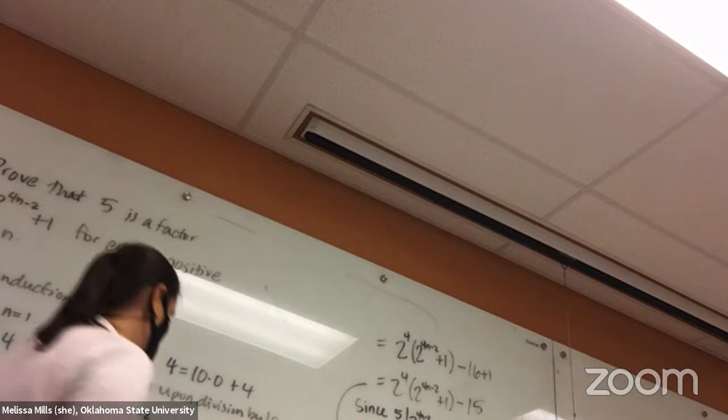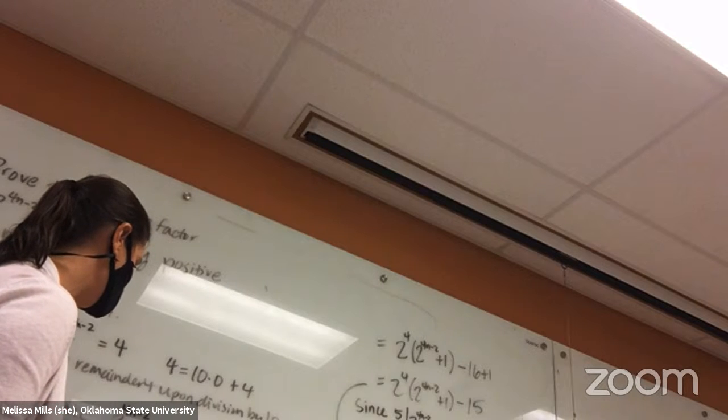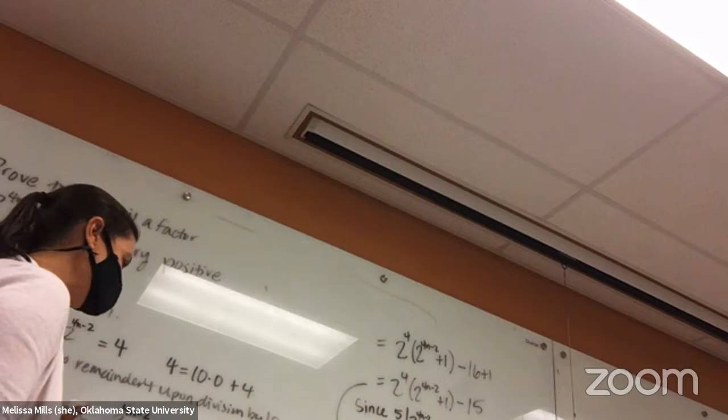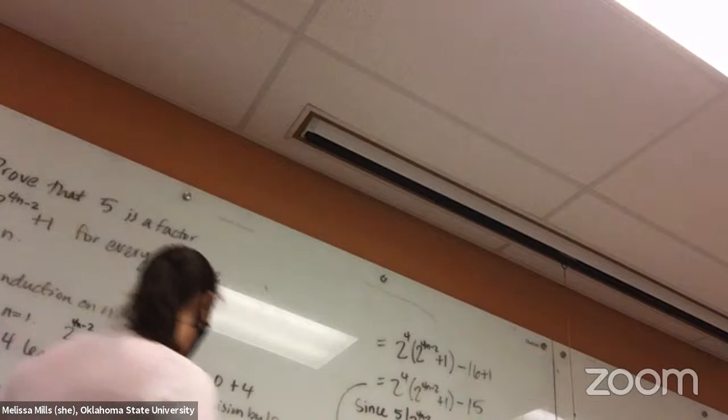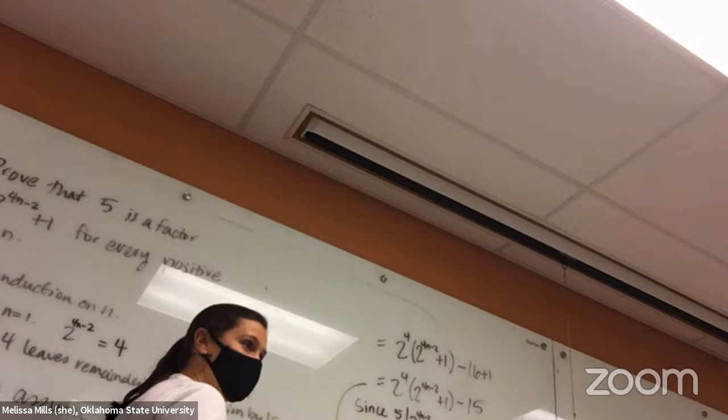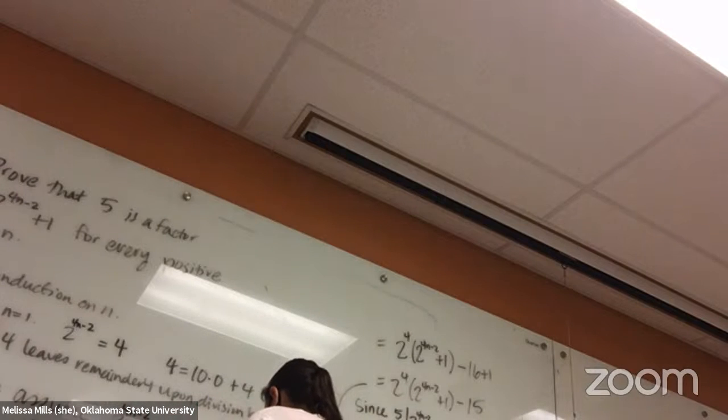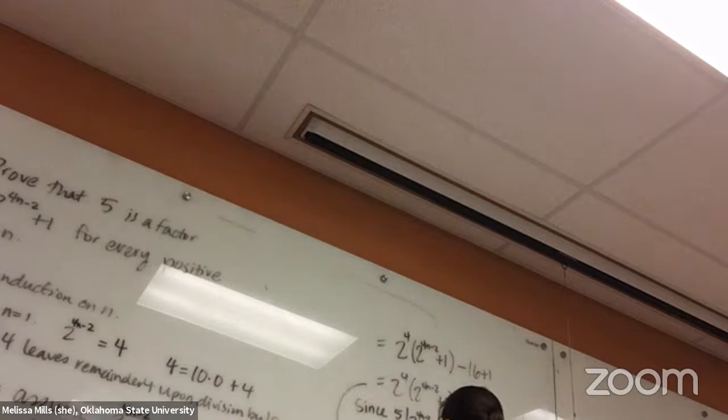Sorry, I was being dumb. So 16 times 4, what's that? Okay, 64. So that is 60 plus 4, right?